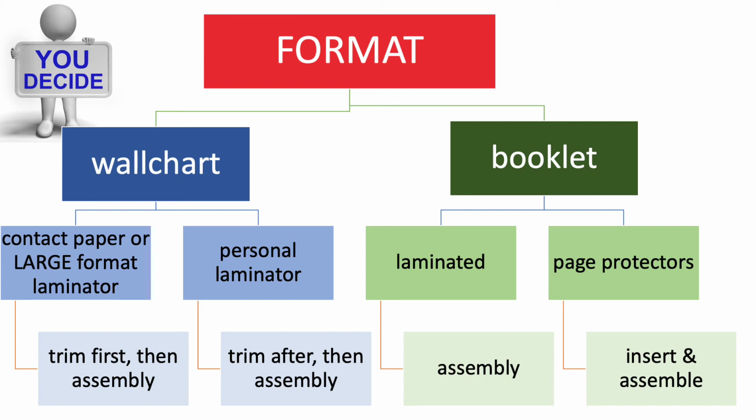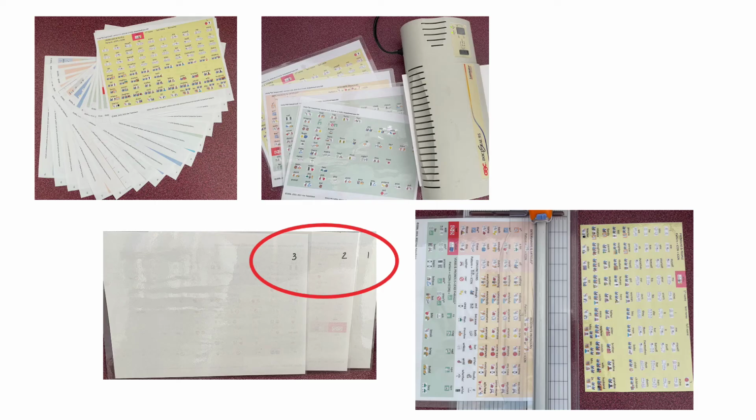I have a personal home-size laminator, so I laminate each of the 15 pages individually, then trim them, and then assemble them. When making a booklet, I suggest that you either have the pages laminated and then assemble them, or you can put each page in a page protector and then assemble them in a ring binder.